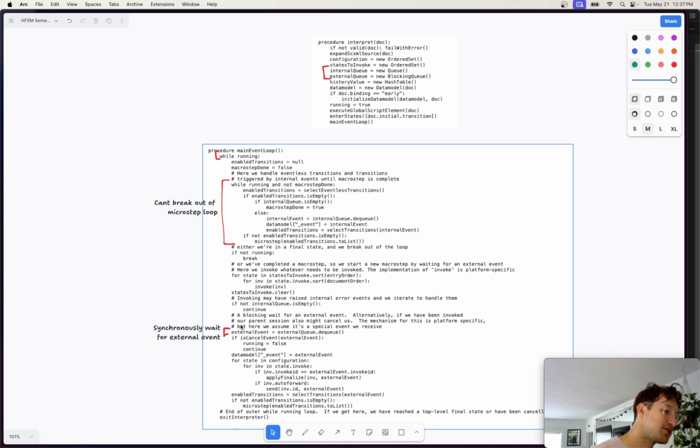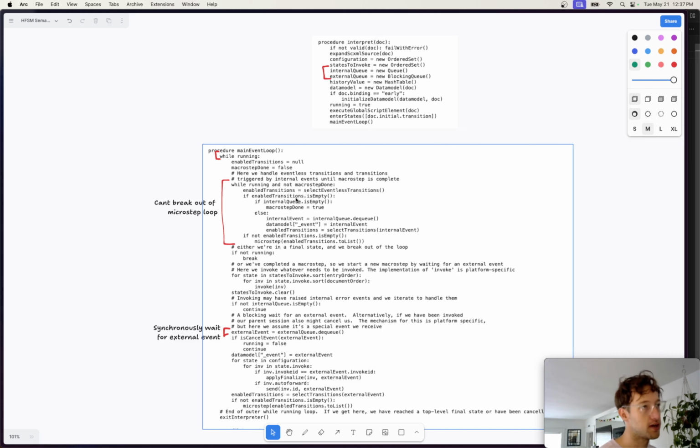But what you can see is we process an event queue. We take a micro step based off our response to that event, and then we get stuck in this nested while loop, which executes the remaining micro steps.